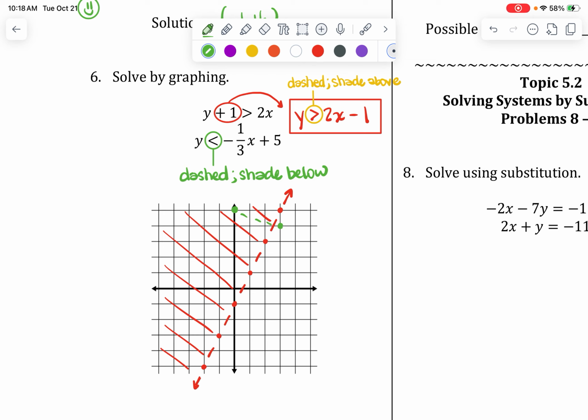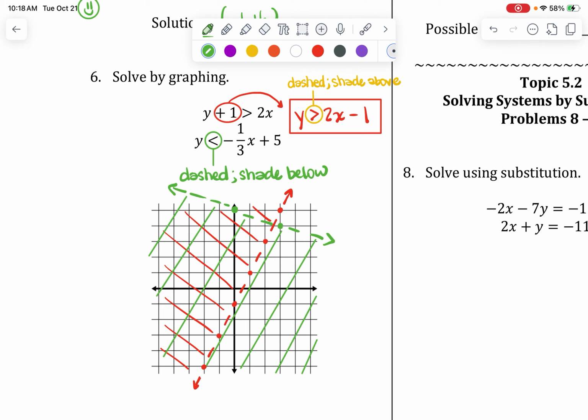It's a dashed line. I almost forgot. And we're shading below, right? So everything below this line contains the solutions to that inequality, which is pretty much the entire graph, right?